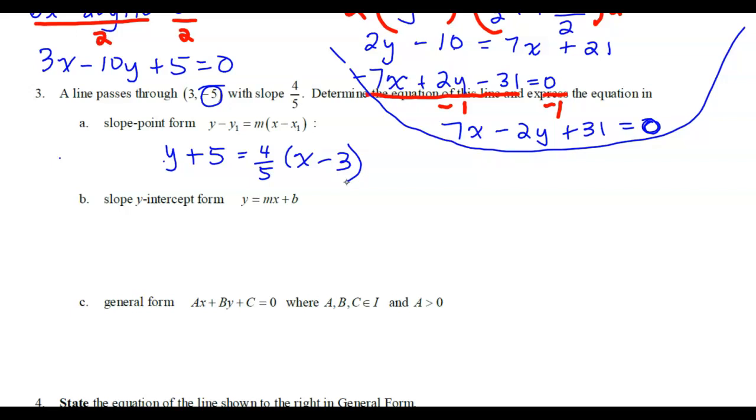Slope y-intercept form, to get that right away would take a little bit of work, right? Because we don't have the graph, we don't know what the y-intercept is. We do know the slope. So if you already have this form, then you can expand the brackets and get y by itself.